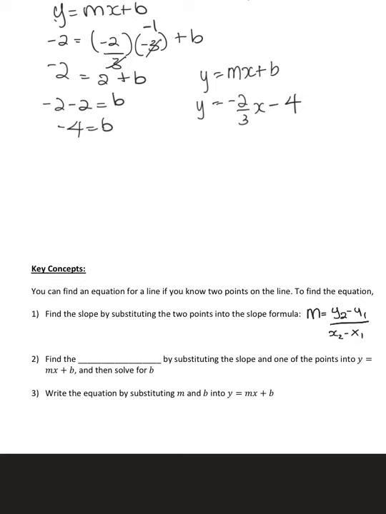Find the y-intercept by substituting our slope and one of the points into y equals mx plus b. Solve for b. Write the equation by substituting m and b into your y equals mx plus b equation. So we leave our y and our x in there.